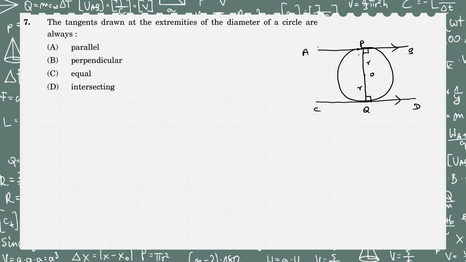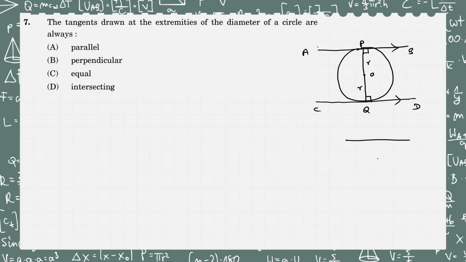Then we always know that the center lies in the diameter. So OP will be the radius, OQ is also another radius, right? And we also know that the radius is perpendicular to the tangent at the point of contact. So OPB angle is 90. The same way OQD angle is also 90.